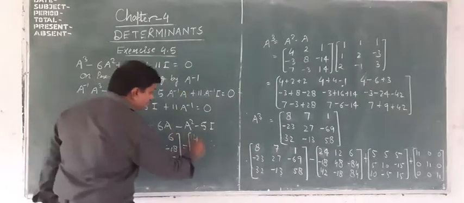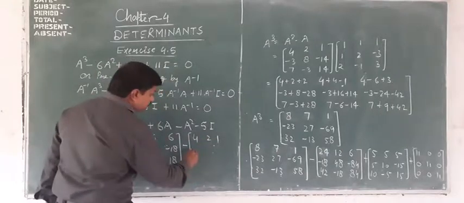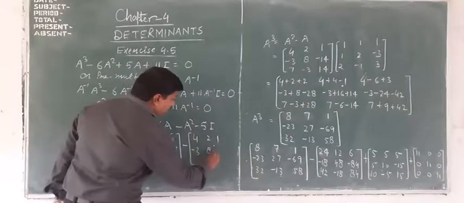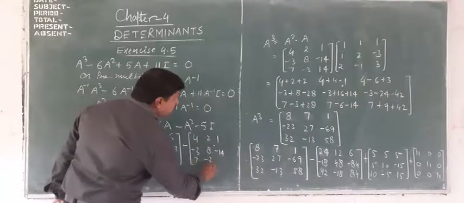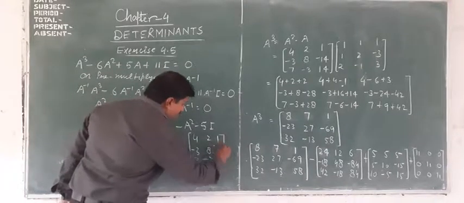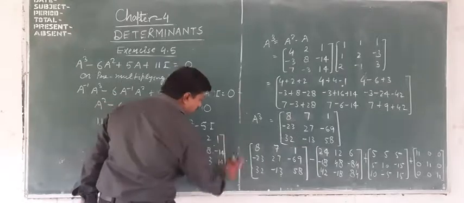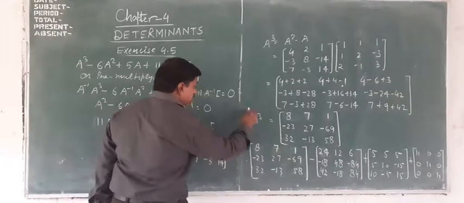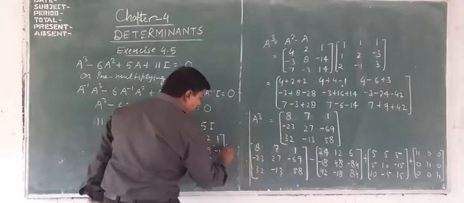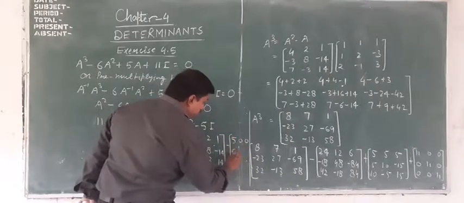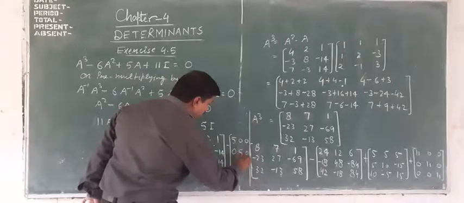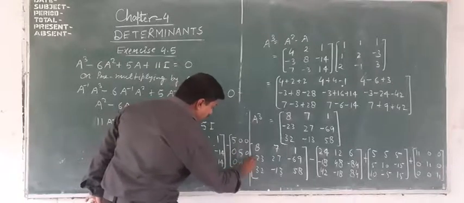A square is 4, 2, 1, minus 3, 8, minus 14, 7, minus 3, 14. Then minus 5 of I. 5 of I means 5, 0, 0, 0, 5, 0, and 0, 0, 5.